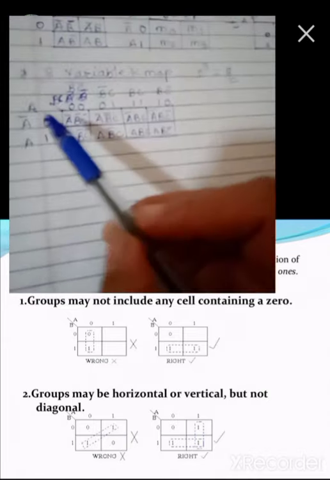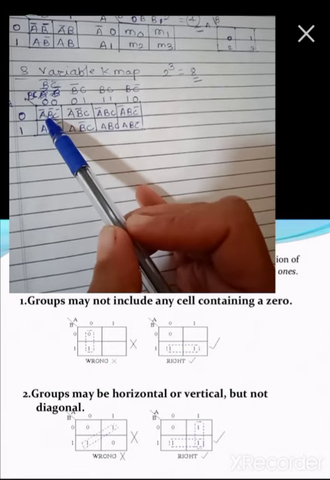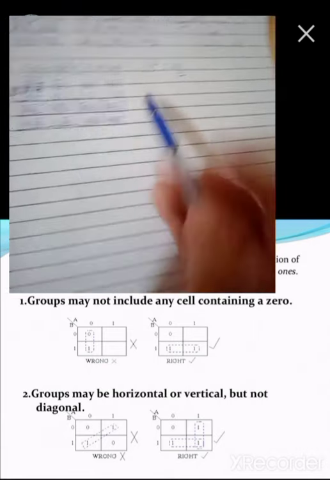What I have done is I have taken a row element and a column element and written an SOP expression for the corresponding blocks, right? Now by referring to the 3 variable SOP table, we'll write min terms instead of these SOP forms.